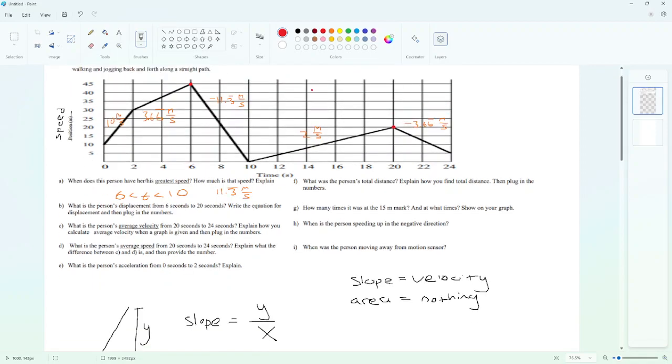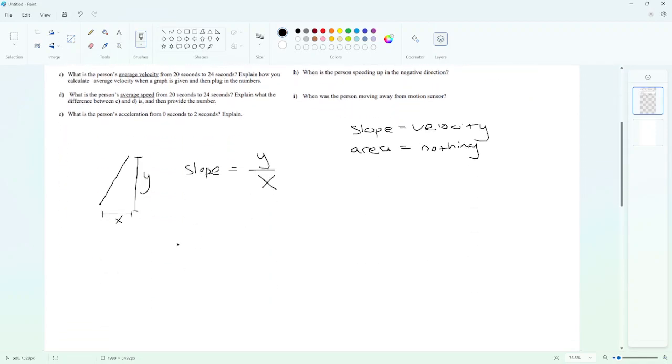Remember that displacement, symbolized by this symbol, is going to be equal to the difference between the final position and the initial position.